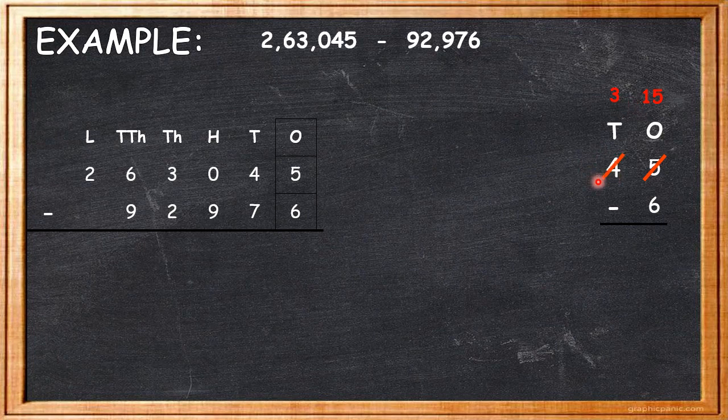And we will cut this 4. Now 15, that is the minuend, is bigger than 6. Now we can subtract 6 from 15. So what will we get after subtracting 6 from 15? We will get 9.